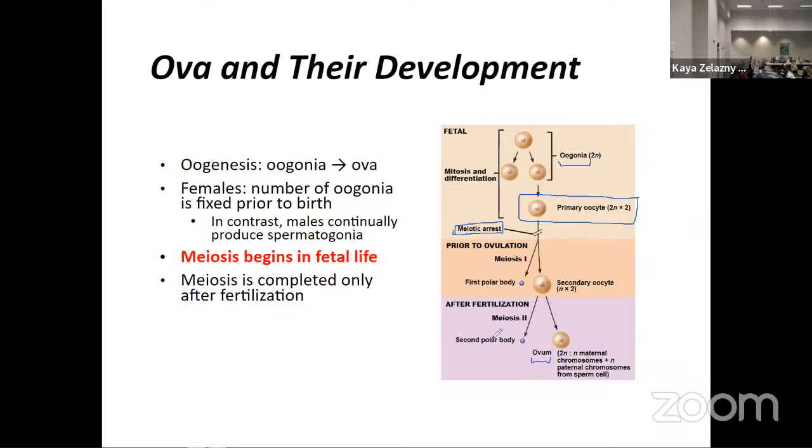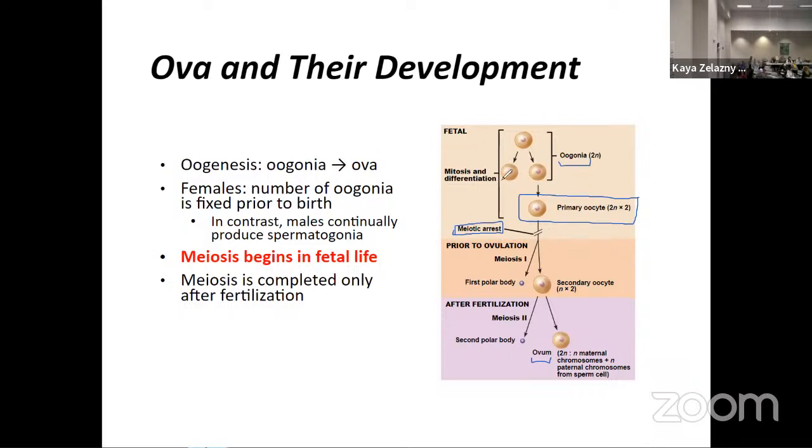Ovum is singular. Those are our egg cells, the fully mature ones. But we're setting up even before birth. So we're starting this process, getting ready for meiosis and pausing before birth, meaning that our total number of oogonia is fixed, because we've set everything in motion and then just paused.